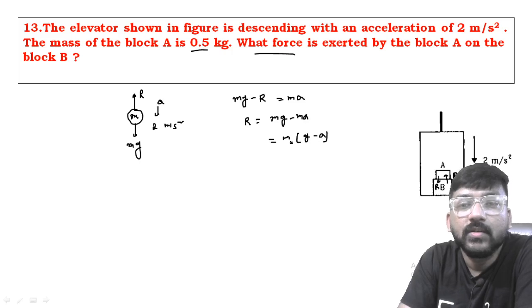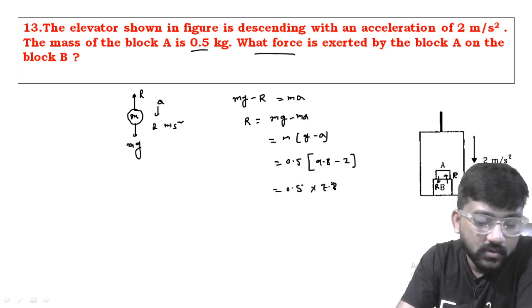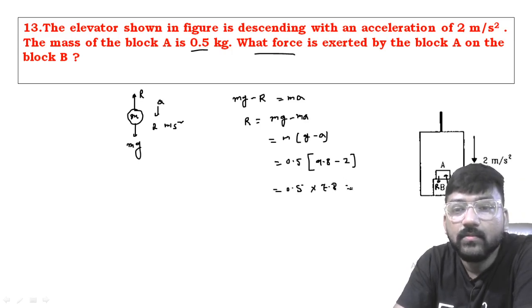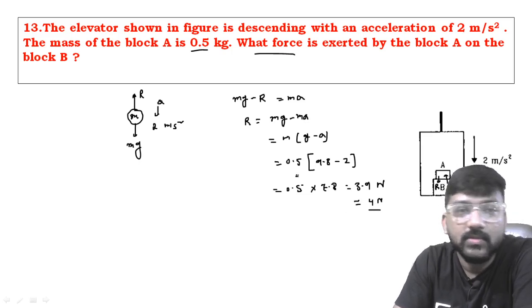M is 0.5 kg, g we can take as 9.8, minus 2, so 0.5 into 7.8. This will be 3.9 Newton, almost equal to 4 Newton. So this is how you can solve this problem.